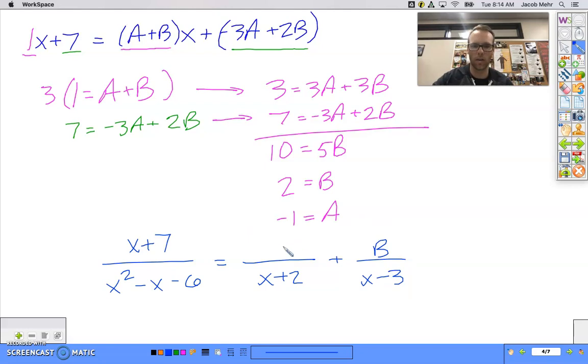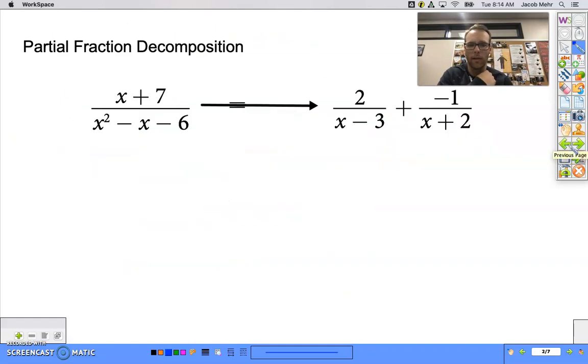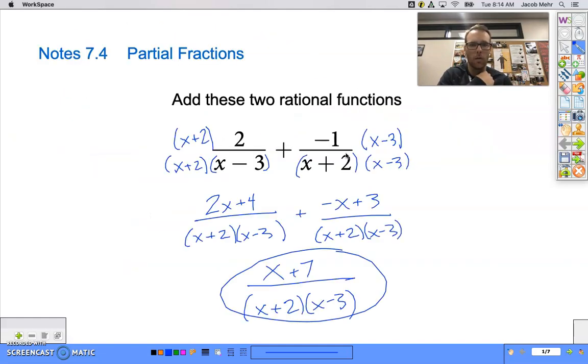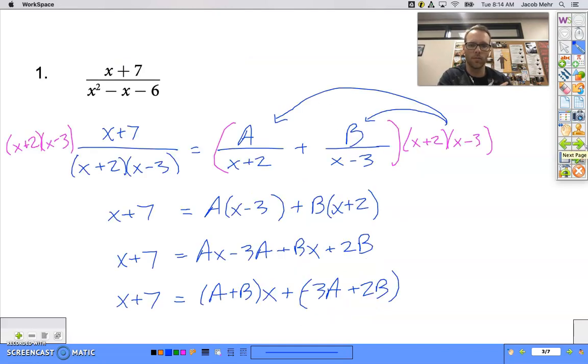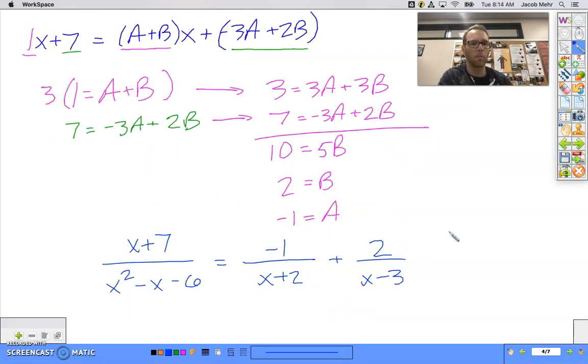A is negative 1 and b is 2. Now remember, we said I picked this one because we know what the answer was. Okay? And look back. Isn't that what we started with? We had a 2 over an x minus 3 and a negative 1 over an x plus 2. And that's how we get back to that.